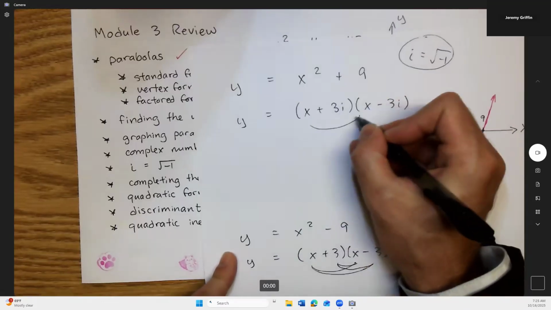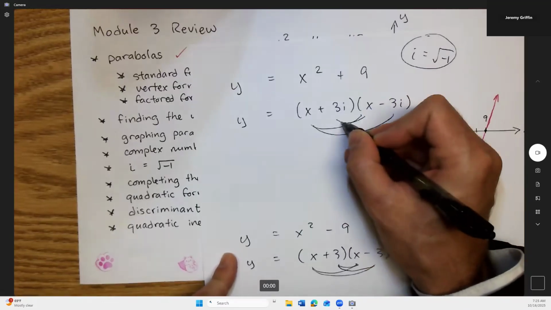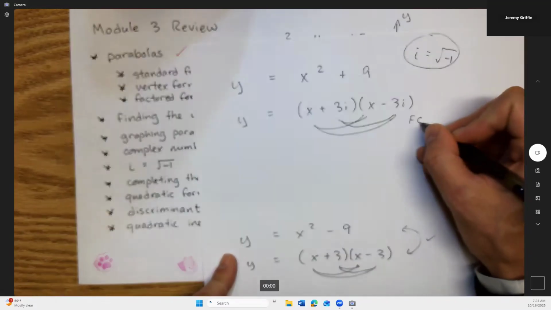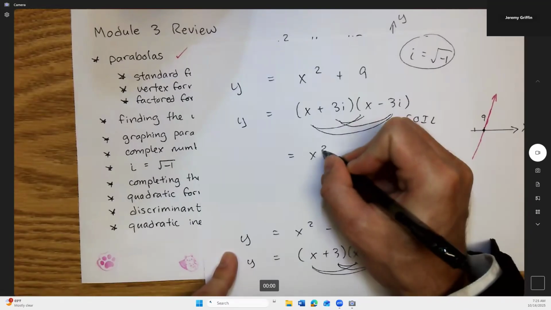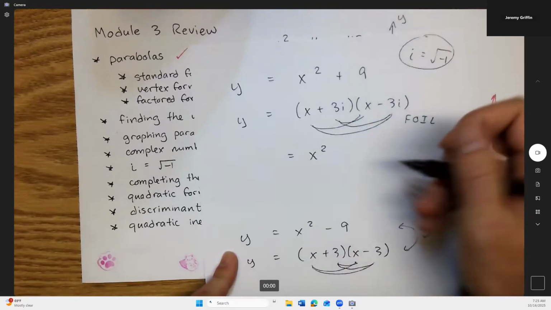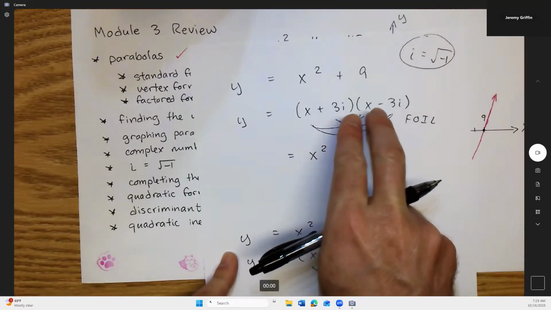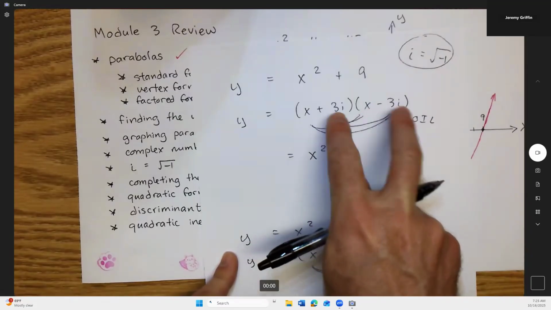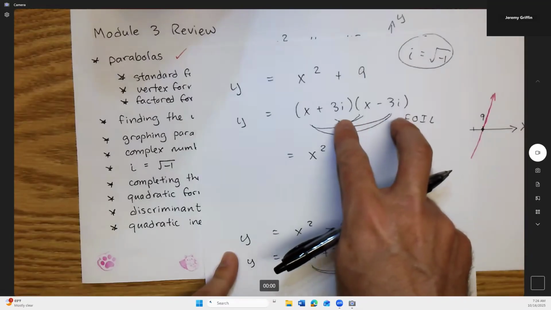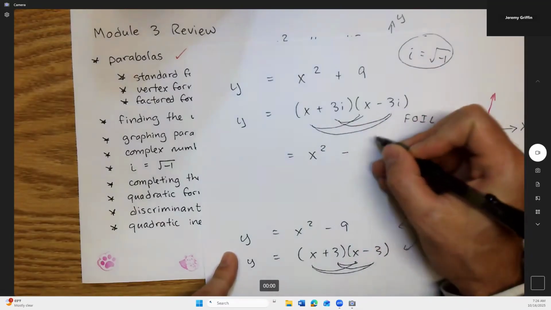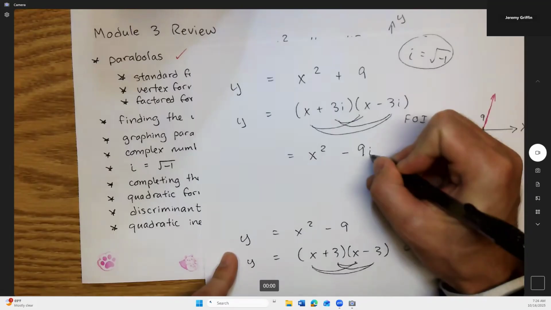Okay, so watch this. If I FOIL this, first, outside, inside, last: x and x is x squared. The outside and inside do cancel out because 3ix and minus 3ix cancel. So it's a complex conjugate. Think that way. And then this is minus 3 times 3 is 9, and then i squared.